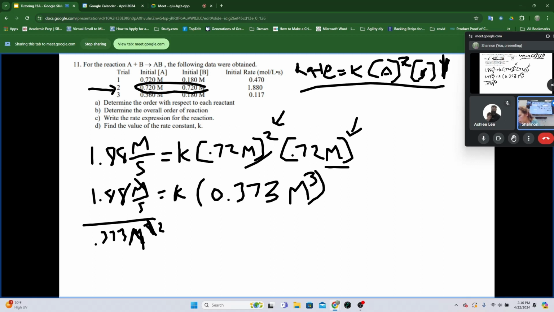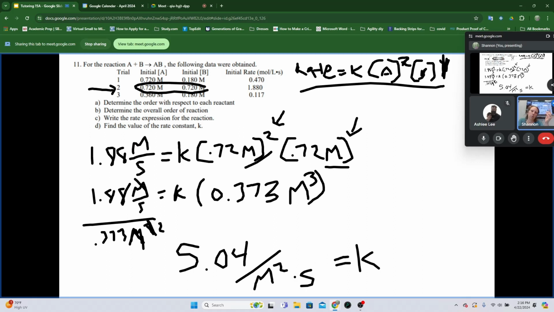And so the final answer, and it's okay if you have a rounding error, and my answer here is from me doing trial 1, and I think you got 5.02, rounding error is fine. 5.04, and my units are going to be over molarity squared times seconds. Because my seconds remain from my rate. Okay?